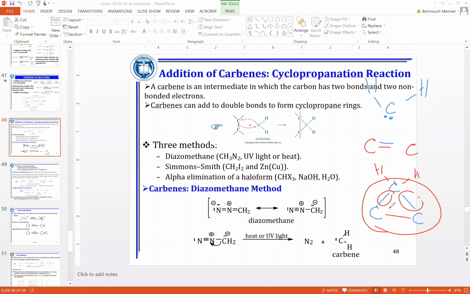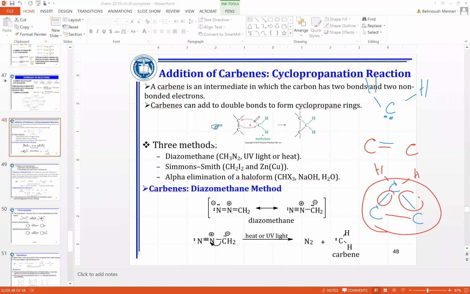Now the question is, how would you prepare a carbene? Just like before, how did you prepare the strong electrophile for bromination, like an H plus, or if you were adding bromine, a Br plus first and then the Br minus.